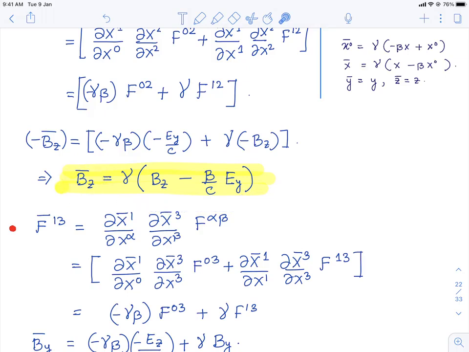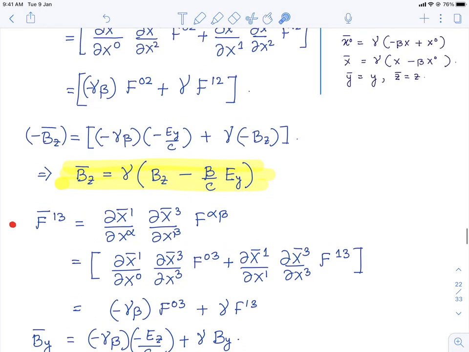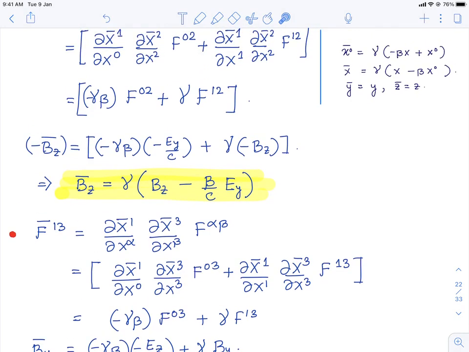So again Bz goes as Bz, and there's an Ey which again comes in here. Algebraically it just comes in here. So basically the electric and magnetic fields are getting mixed. That's an interesting thing that's happening. So in a particular frame, as we'll see with the point charge again, there can be a situation where there's just an electric field.